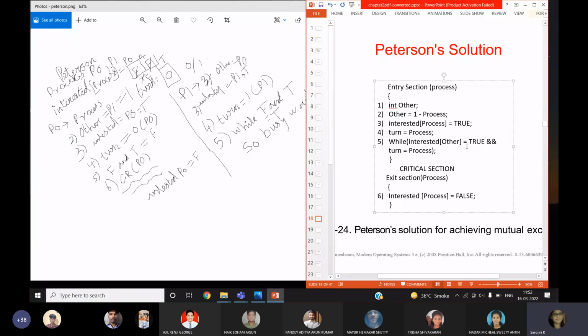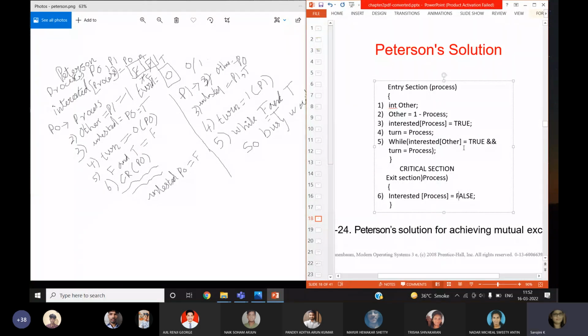Interested of 0 equal to true. Yes, it is true. And turn equal to process means turn equal to 1, because the current process is 1. This is also true. When both the conditions are true, finally it will be true.